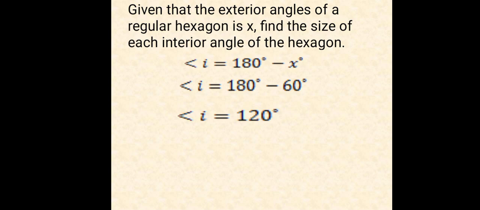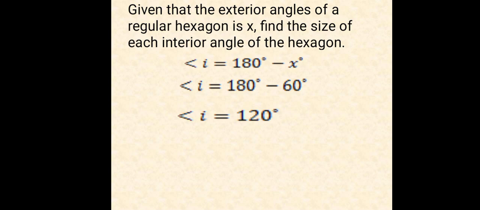Given that the exterior angle of a regular hexagon is x, find the size of each interior angle of the hexagon. We know that the interior angle is equivalent to 180 minus the exterior angle.